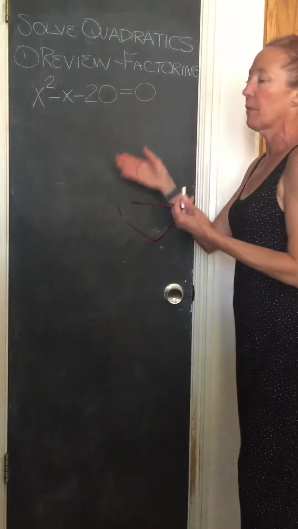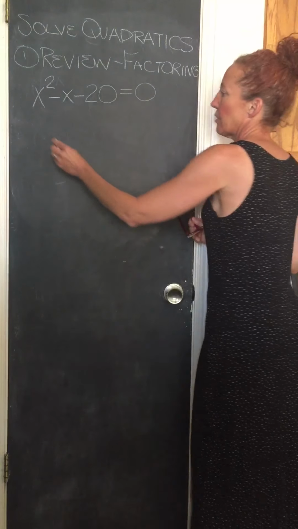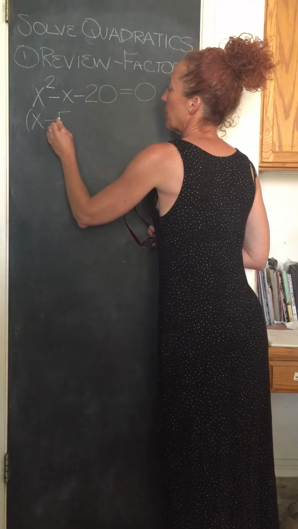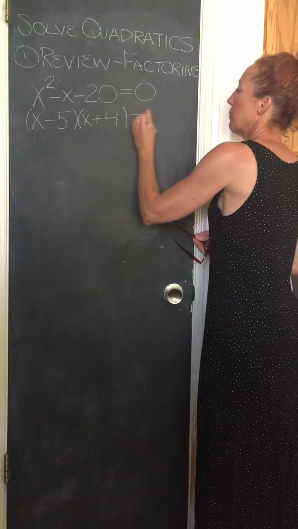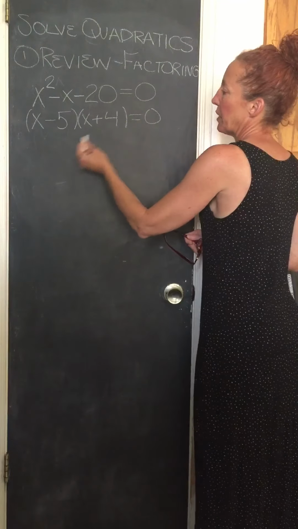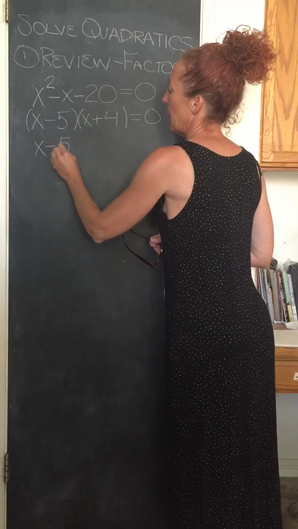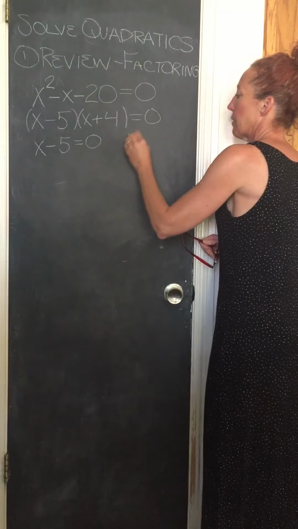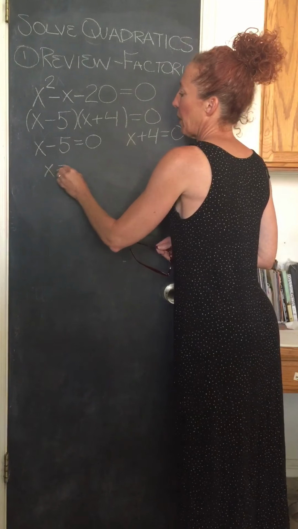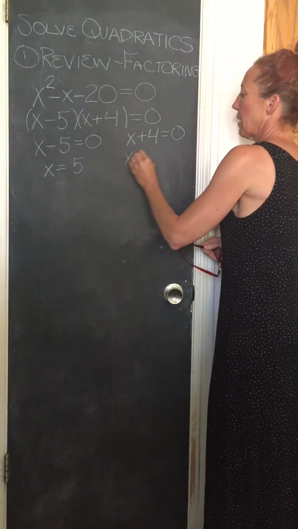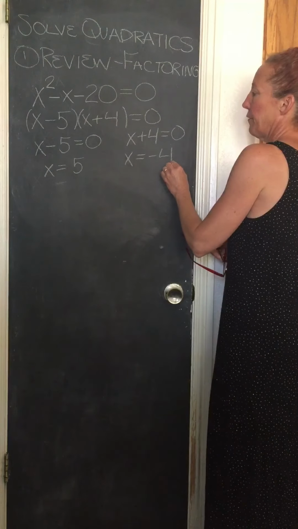So this problem here, our first example, can be factored. x minus 5, x plus 4. And so you know we just switch the signs because we're going to set each factor then equal to 0. And so x equals positive 5 or x equals negative 4.